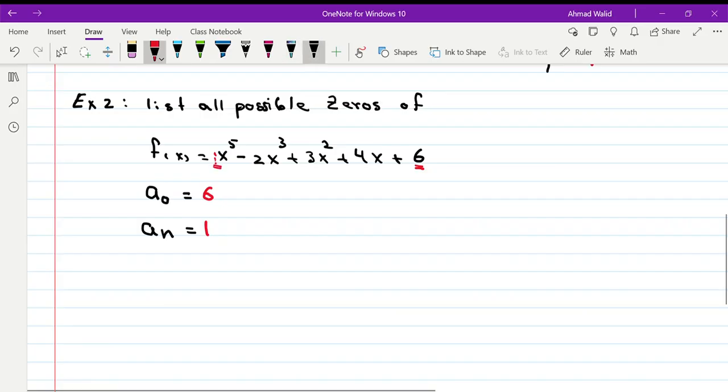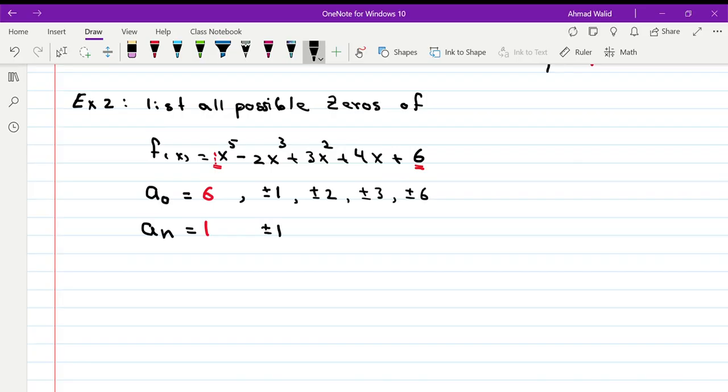Correct? Now, what are the possible factors of 6? Possible factors of 6 can be plus minus 1, plus minus 2, plus minus 3, and plus minus 6. Possible factors of 1 can be only plus minus 1.